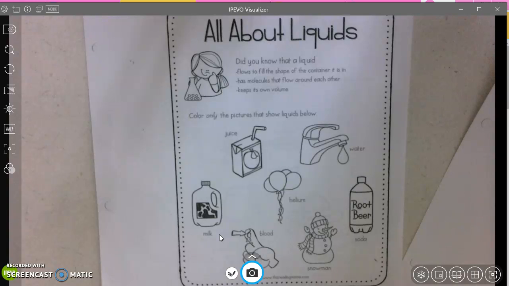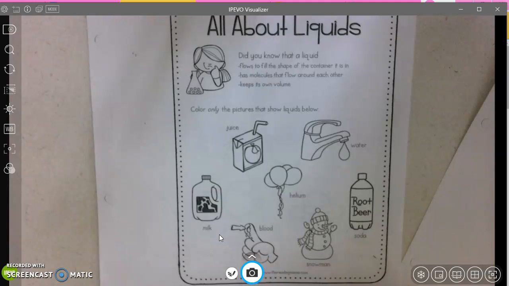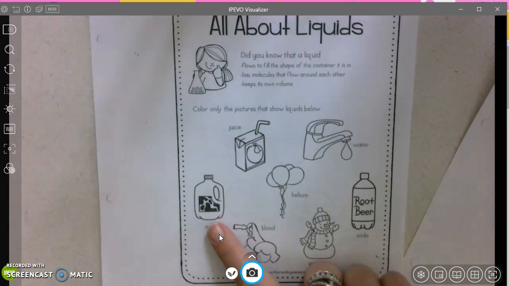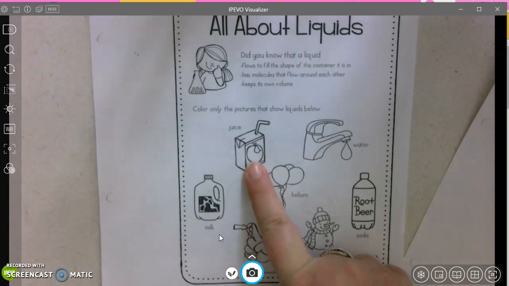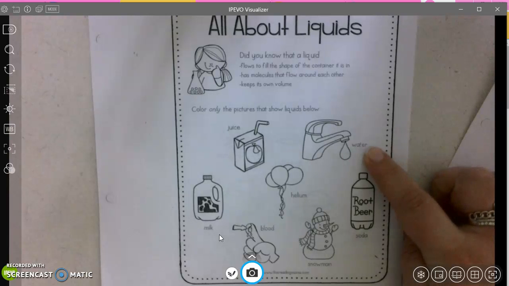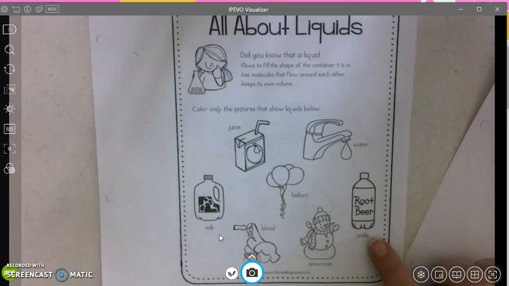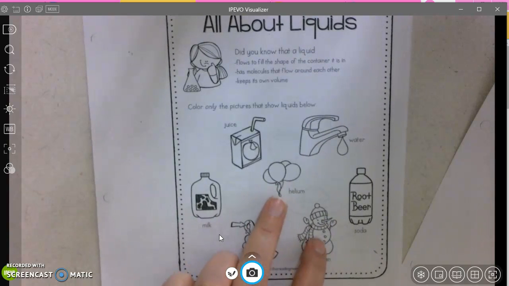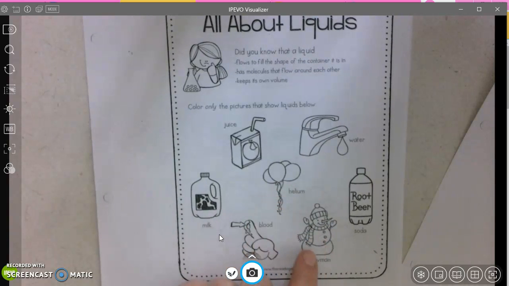All right. This one's kind of gross. Blood. Blood is a liquid though. So blood is liquid, milk is liquid, juice is liquid, water is liquid, and soda is liquid. The only two that are not liquid is helium, which is a gas, and a snowman.